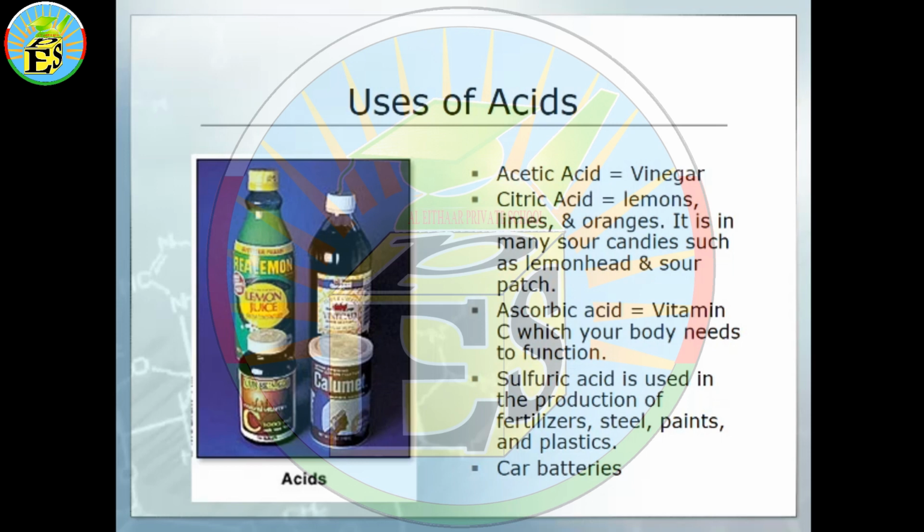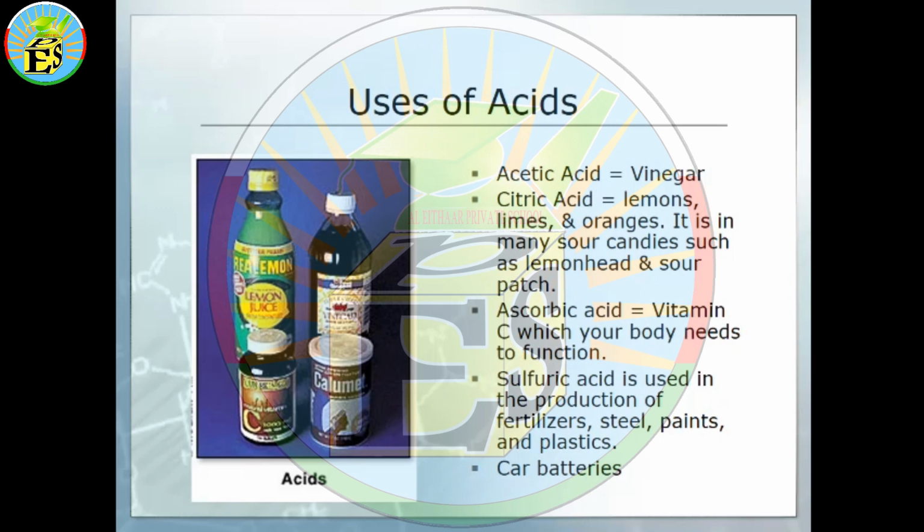Here are different types of acids which we usually use in our households. First of all is acetic acid. It's vinegar. The vinegar we use in our foods is actually acetic acid. In lemons you will find citric acid, especially in limes and oranges. It is in many sour candies such as Lemonheads and Sour Patch.